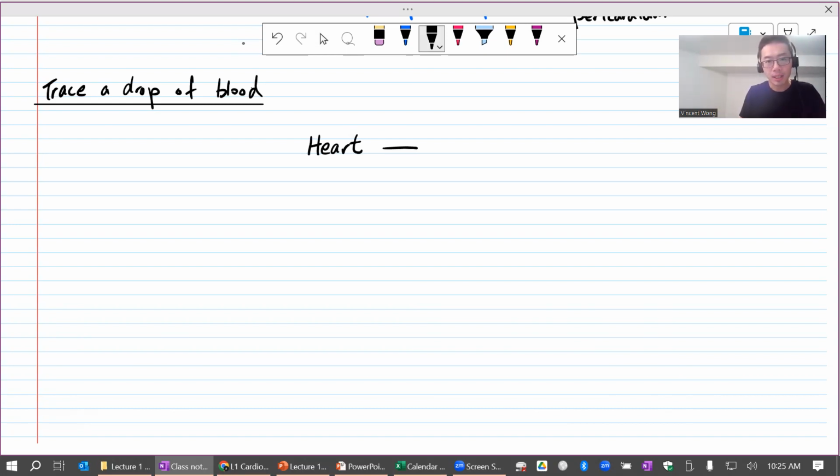Actually, sorry, I got distracted. Let's start at a specific part of the heart. Let's start with the right atrium. We are following the blood. From the right atrium, we are going to go into the right ventricle.